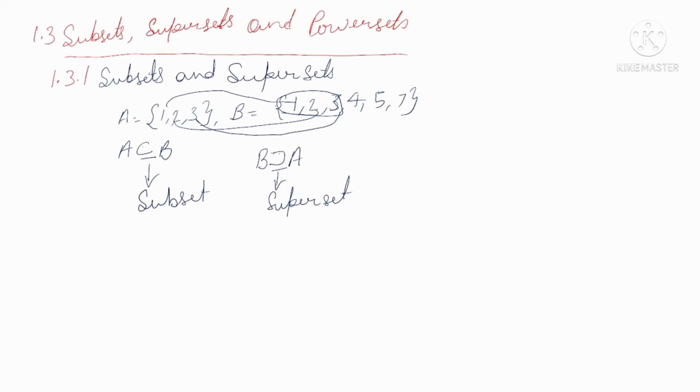I think there is a problem in the system, but yet I will try to explain. And if you see here, subset and superset: if each element of A belongs to B, then in that case that is a subset.